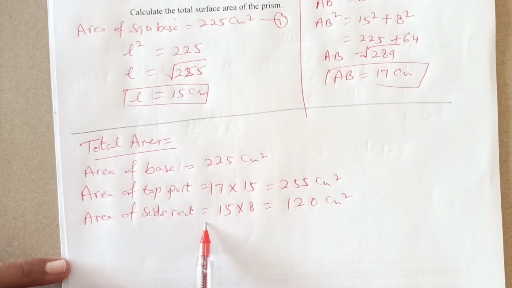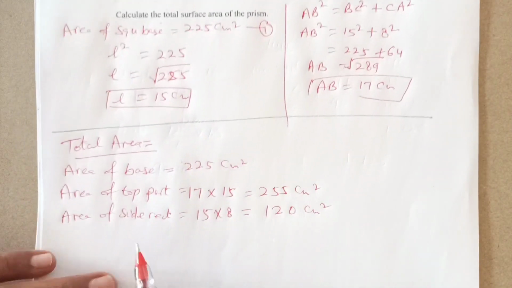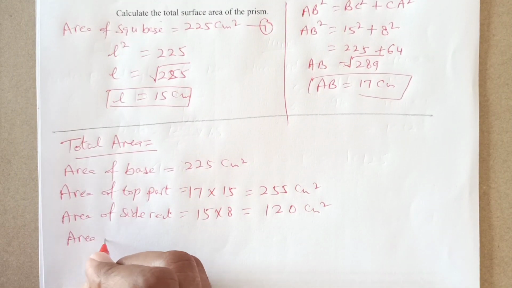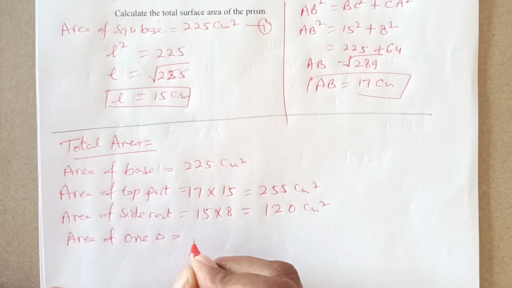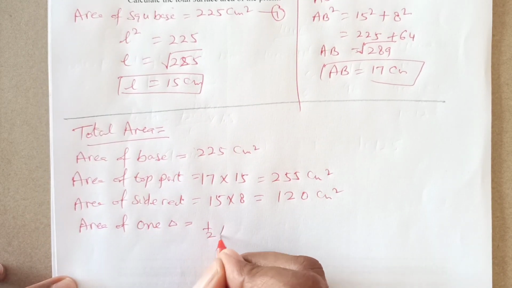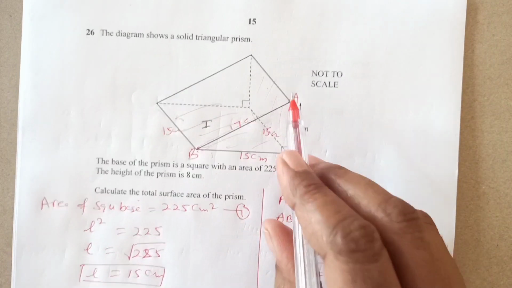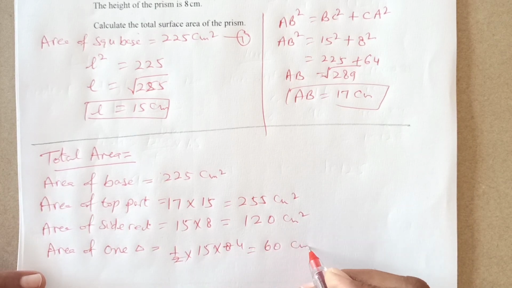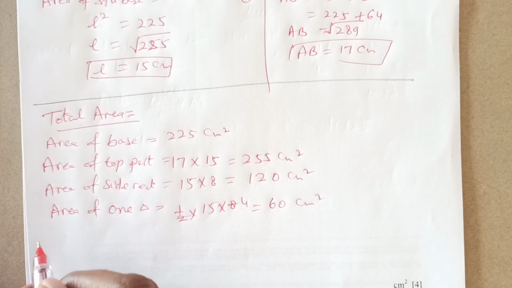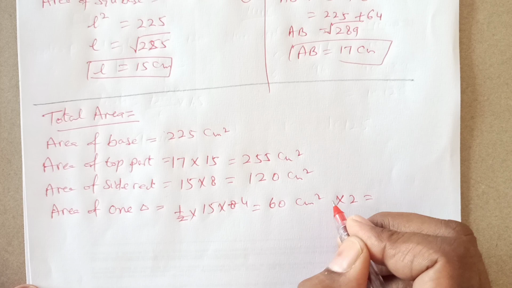Now three faces are done. We have two triangular faces, right? So the area of one triangle is half times base 15 times 8, which is 60 centimeter square. But the area of two triangles is going to be 120, so I will multiply by 2 here.